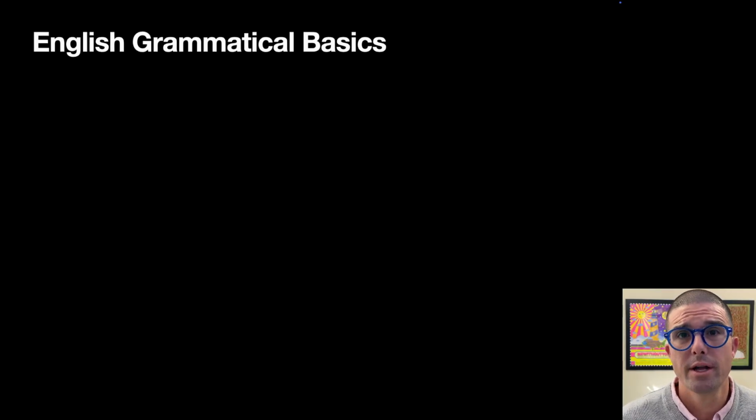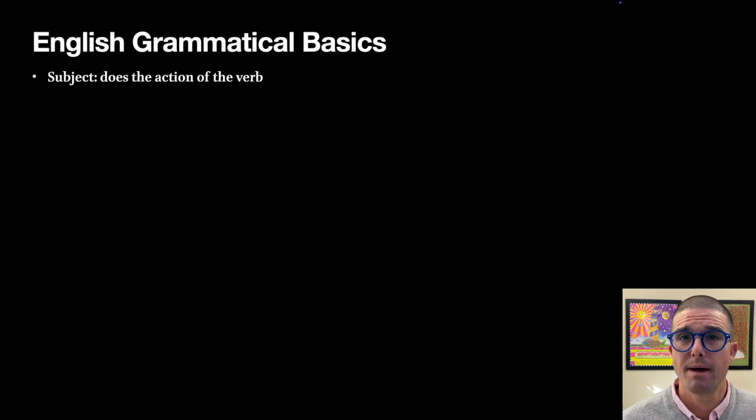And what a word is doing in a sentence is called its grammatical function or its grammatical use. So with respect to English grammar, or really grammar most basically, the subject is the one who is most directly related to the action of the verb. When it comes to active verbs, they are doing the action of the verb, whereas when it comes to a passive verb, the action is being done to them.